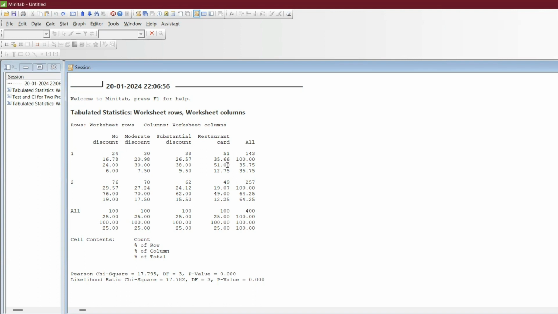That looks very promising, followed by the substantial discount as well, right? So I would vouch for giving the discount, and that's the recommendation because the p-value is significant. P-value is 0, which means we reject the null hypothesis, and that means there is a difference, right?